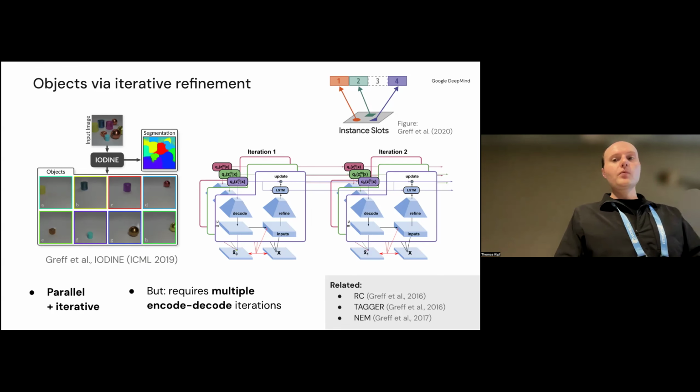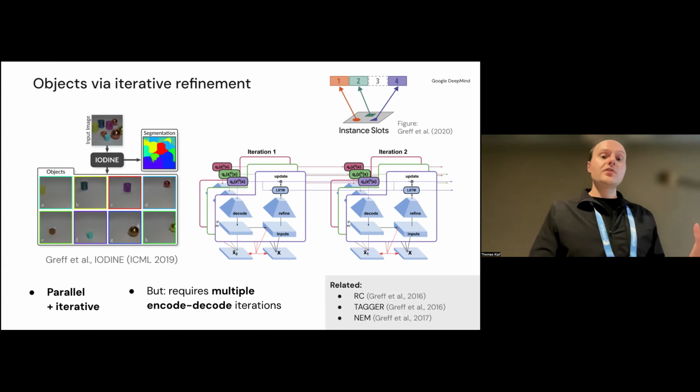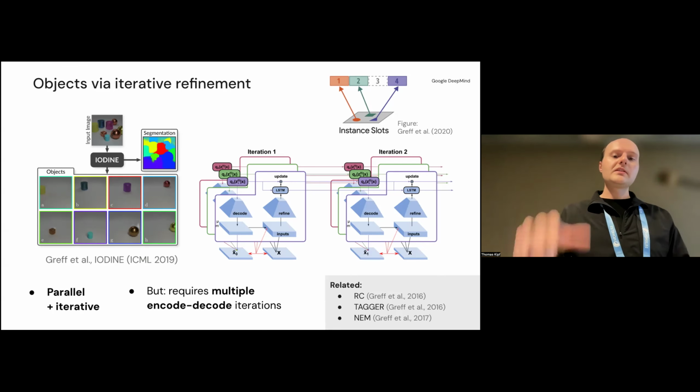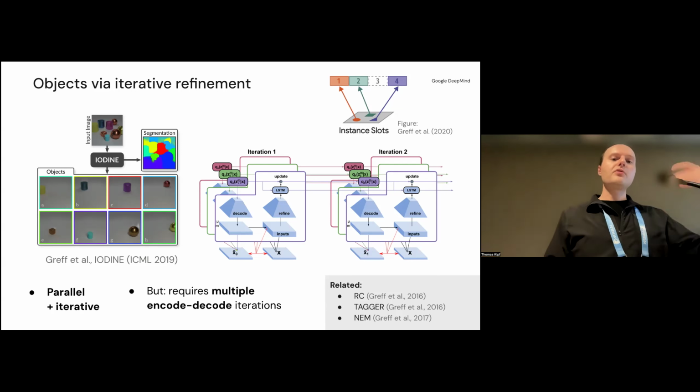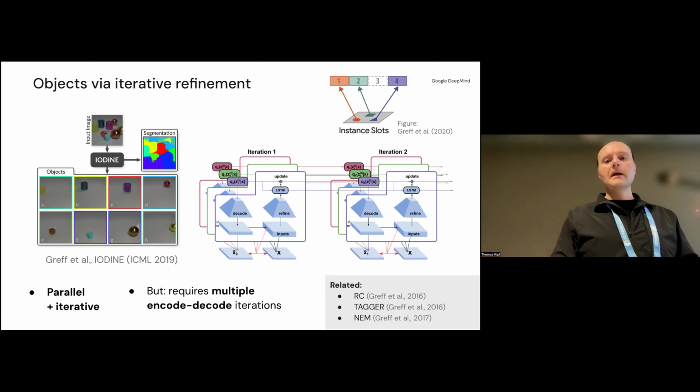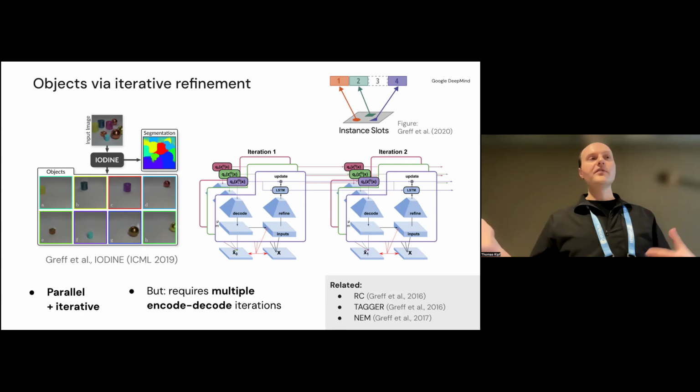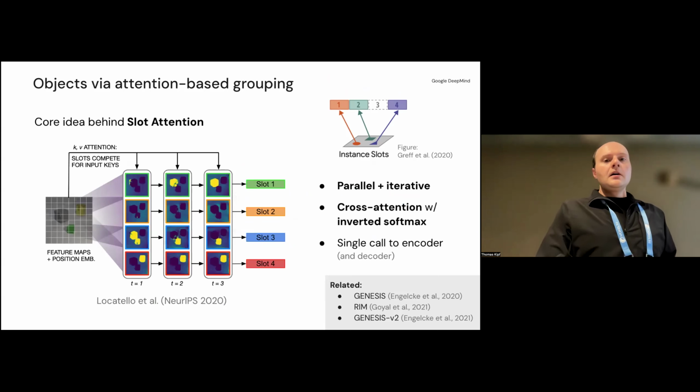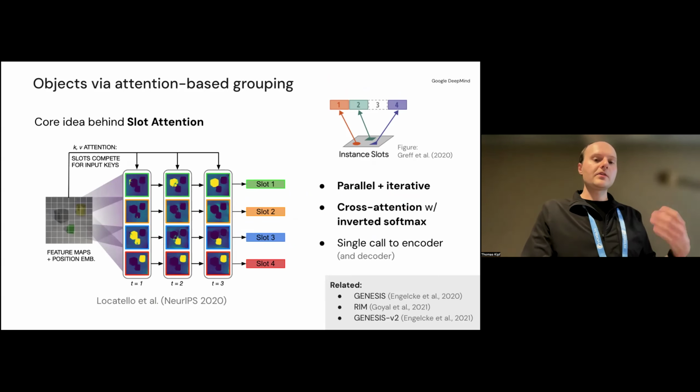While it worked really well, it's very inefficient because you have to run encoders and decoders multiple times per iteration of these updates. And that's for a single frame of an image; if you want to do it for video, it gets very expensive. So when we started looking into this problem, we thought, okay, how can you radically speed that up?